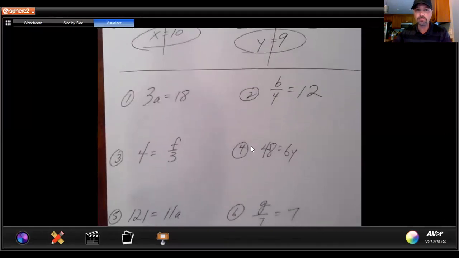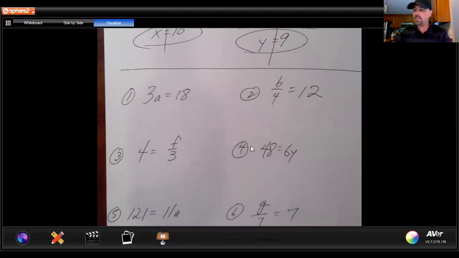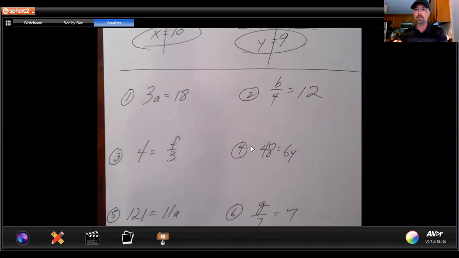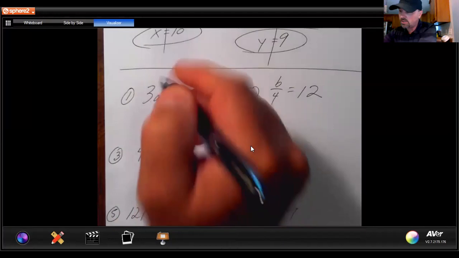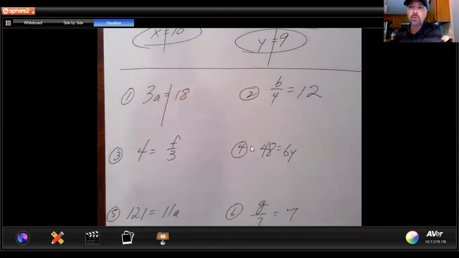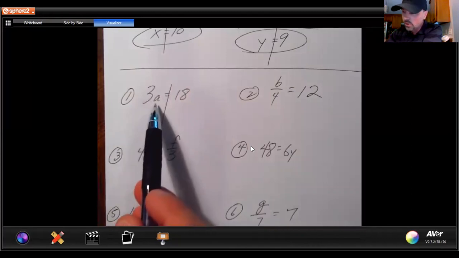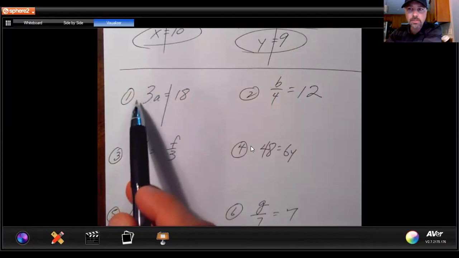All right, so number 1, 3a equals 18. Remember, anytime a number is next to a letter, directly next to it, it means multiply. So 3 times what is 18? You should know this when I say it that way. 3 times 6 is 18, right? How do we solve it algebraically? We need to get a alone. We need to undo this multiplication.